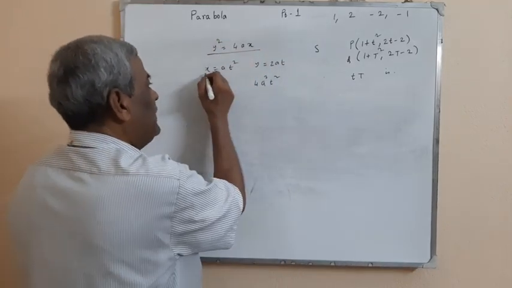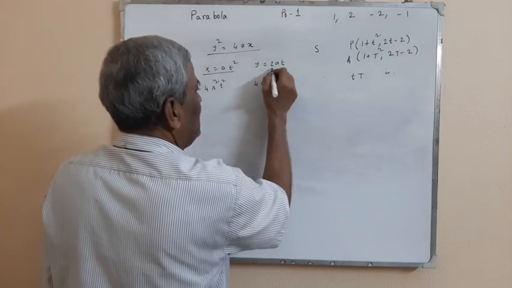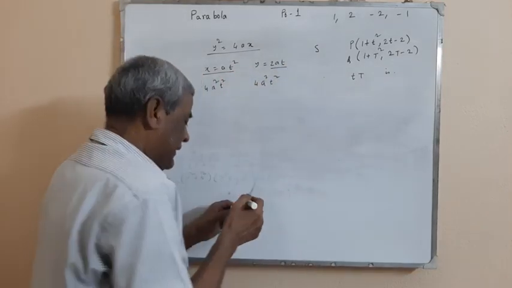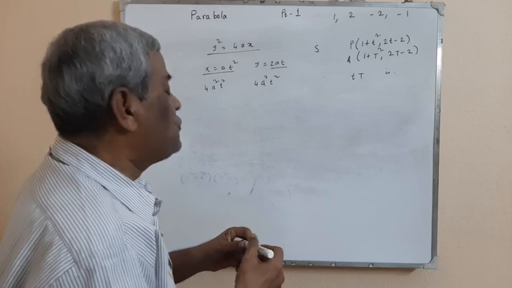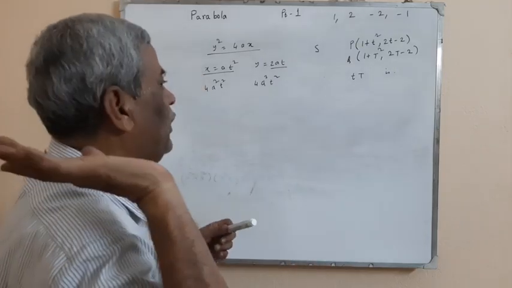This is known as the parametric form of the parabola.